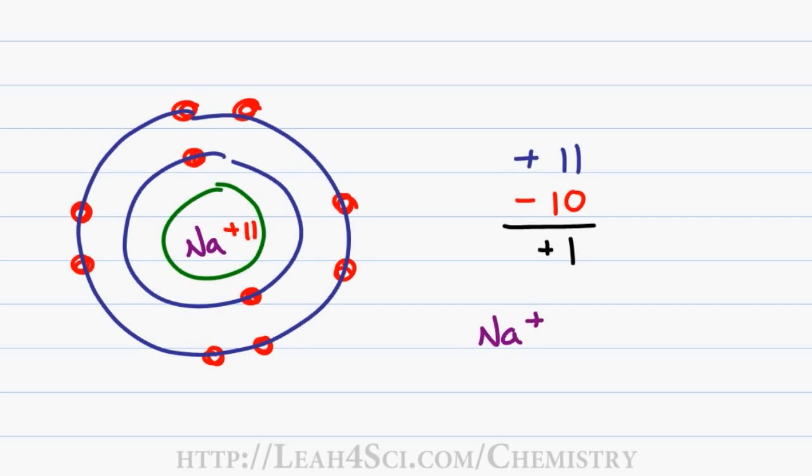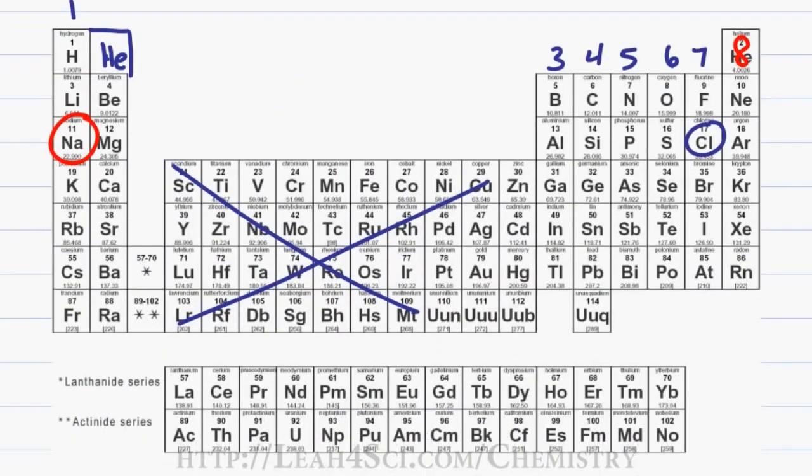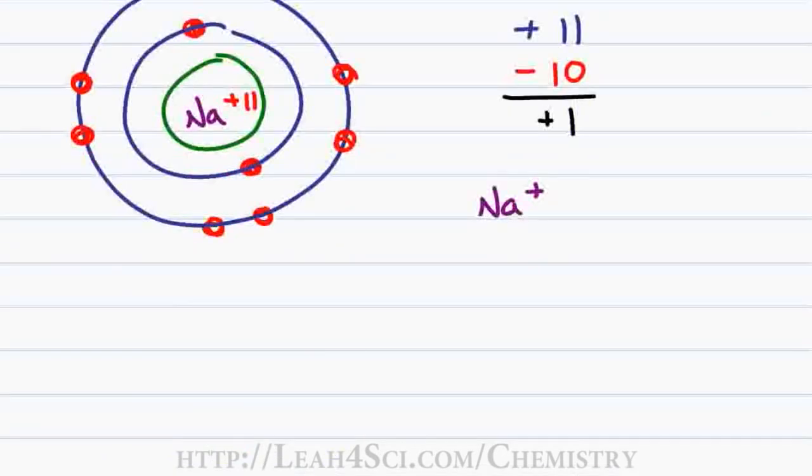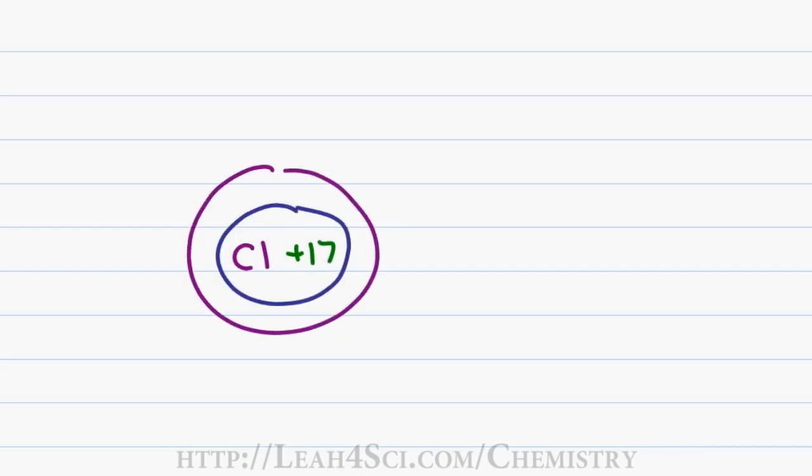Let's now go to chlorine. Now we want to have a discussion on chlorine. So how does the atom of chlorine look? In the nucleus, it has 17 protons, and therefore the first shell of chlorine has how many electrons? The first shell has 2 electrons.